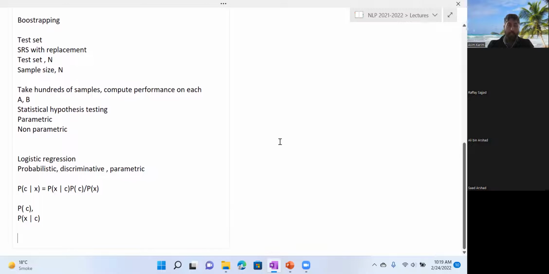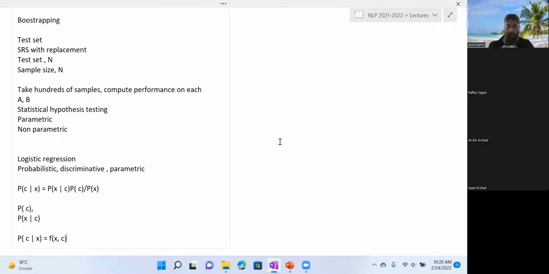In logistic regression, on the other hand, we are estimating this posterior probability directly as some function of, in general, X, your representation, and C, the class. So this is a parametric function, F of X and C. And this, of course, is the general idea for discriminative classifiers.